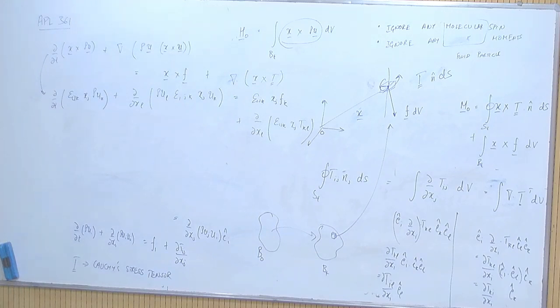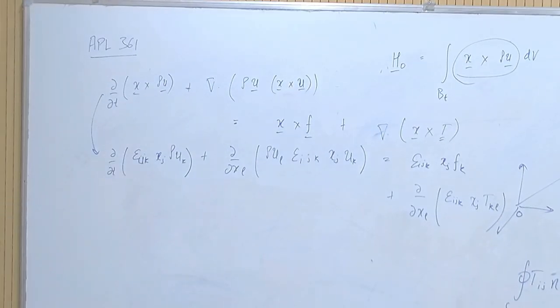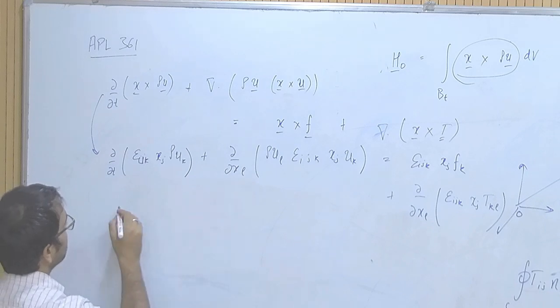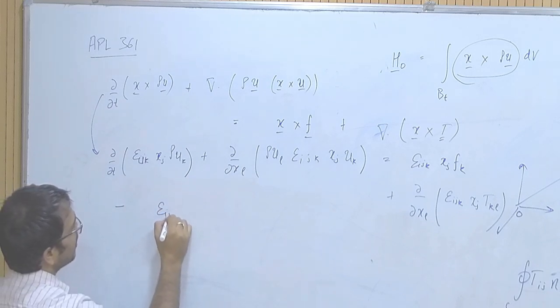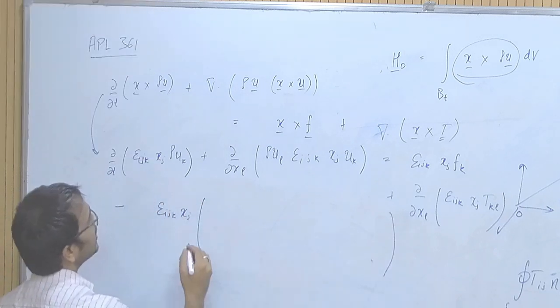Now, what we are going to do is take the cross product of the momentum equation with x and subtract from here. So, I am going to subtract from here epsilon ijk x_j times the kth component of the momentum equation.